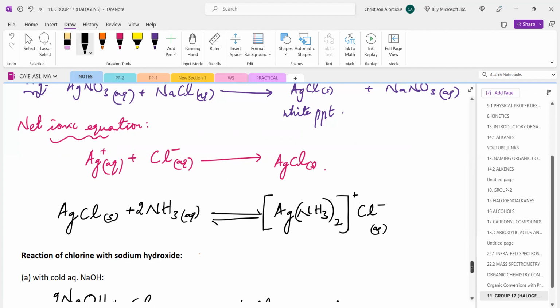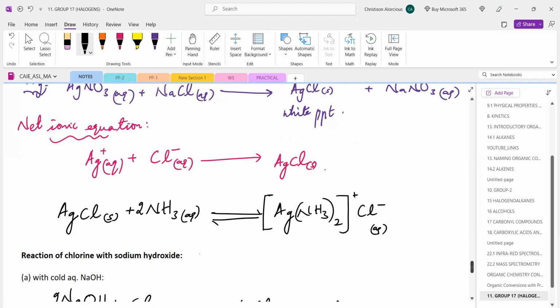Now, if you see clearly, this is an equilibrium process. For AgCl, the position of this equilibrium is far towards the right-hand side. So even with a low concentration of ammonia, this reaction occurs. While for AgBr and AgI, the position is a little towards the left.